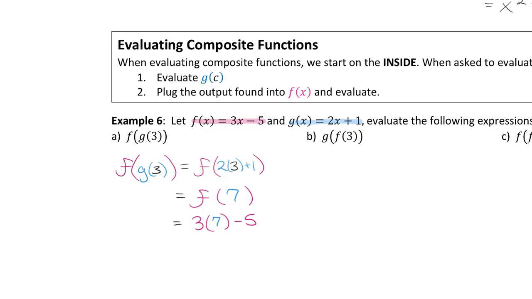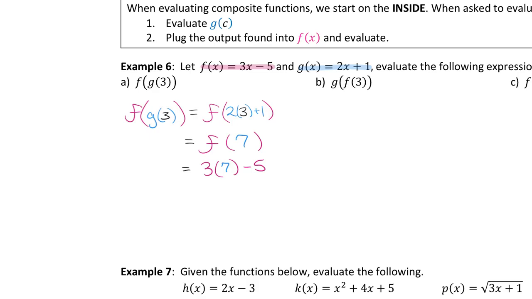What is 3 times 7 minus 5? 3 times 7 is 21. And then 21 minus 5? Boom. Shall we see another before I make you try one?